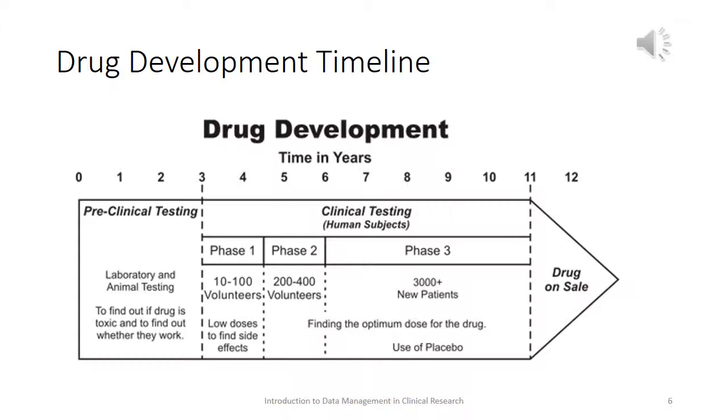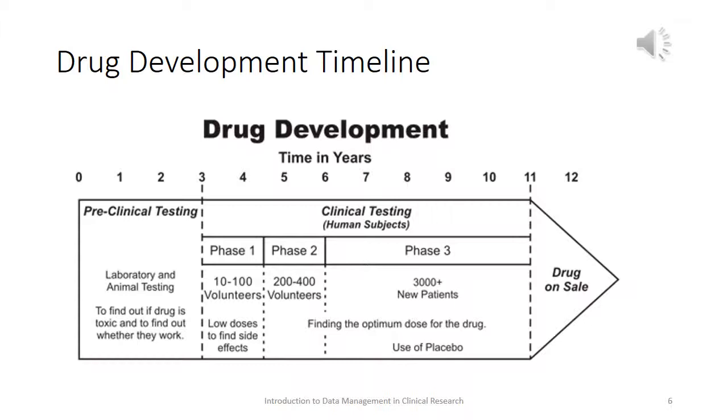What we're trying to find out here, once again, is the optimum dose for the drug, but we also want to start to collect some of our efficacy data, because we want to see if our drug is actually benefiting these people, because after all, they do suffer from the medical indication.